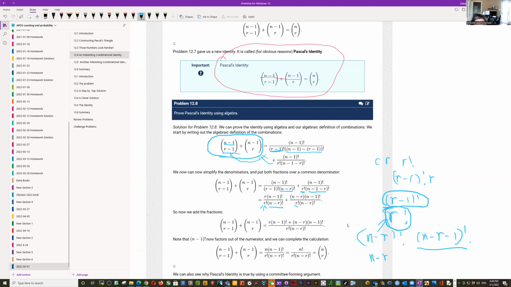So after doing this, we get the bottom part actually the same. Then we just combine the top.